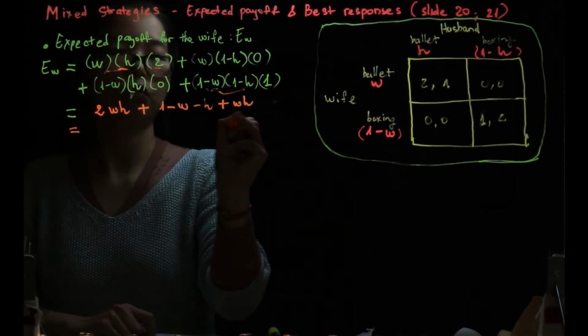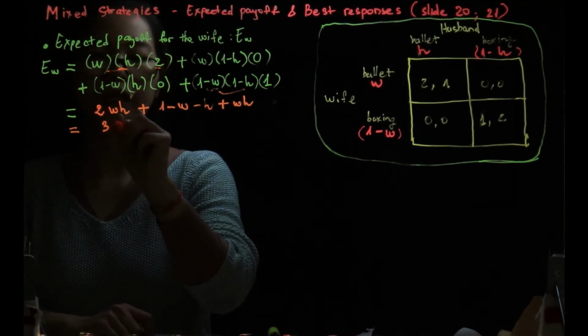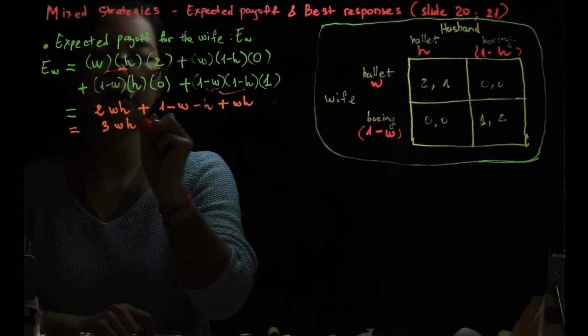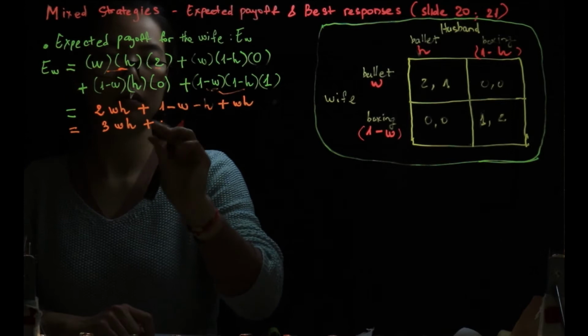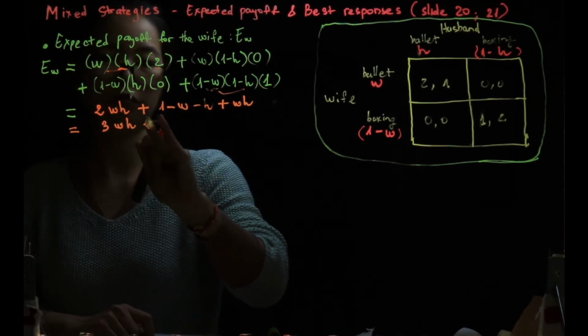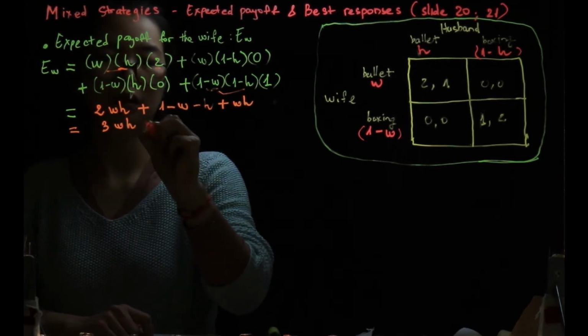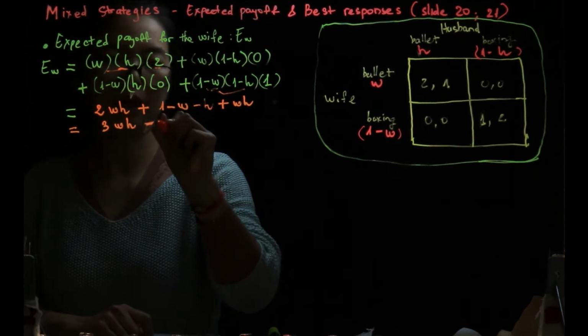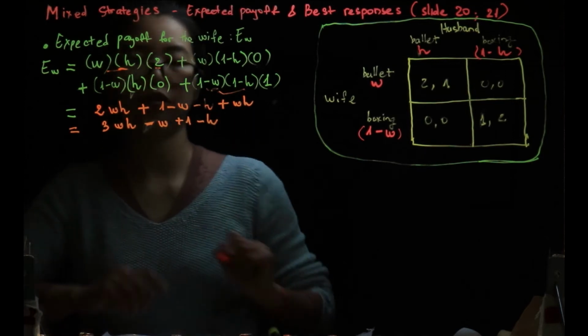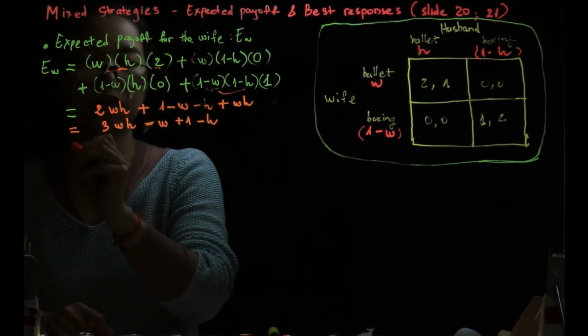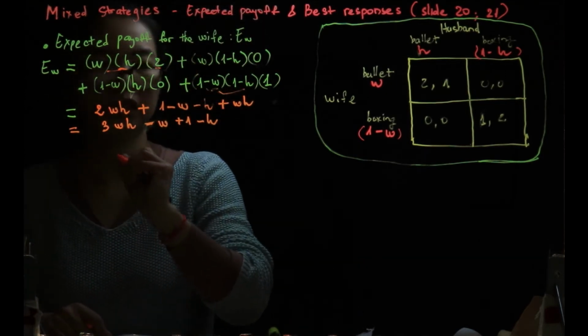And then at the end we could simplify further. 2WH plus 1WH is 3WH, plus, convenient later, minus W plus 1 minus H. You will see in a moment why I want to write minus W there.